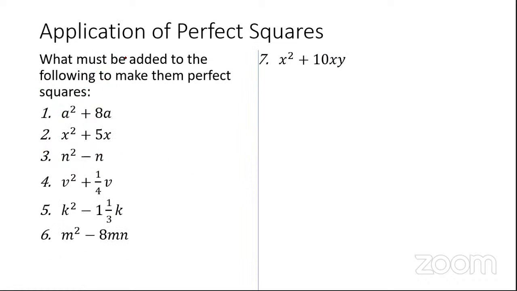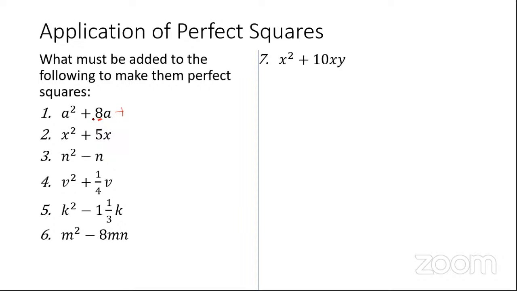So we want to apply what we have learned about the perfect square. Now look at this question: what must be added to the following to make it a perfect square? In this case, this is a squared plus 8a. To get the next number, you must find half of this and square it.